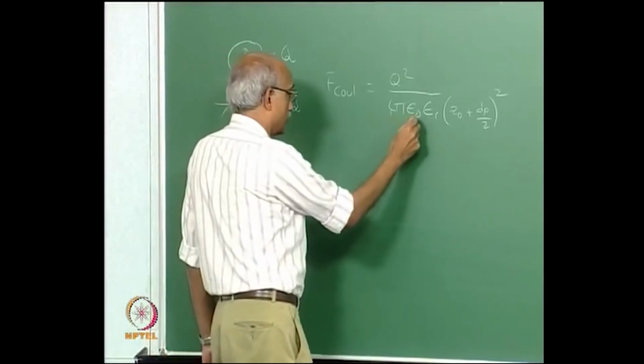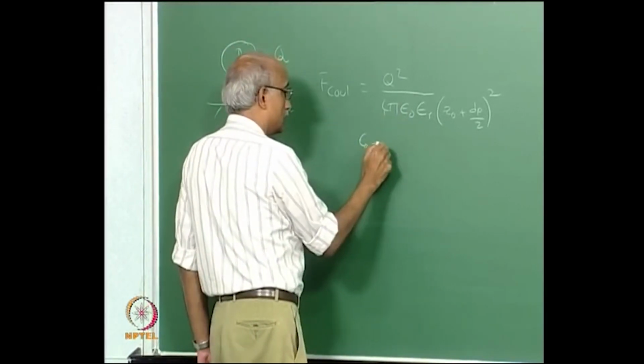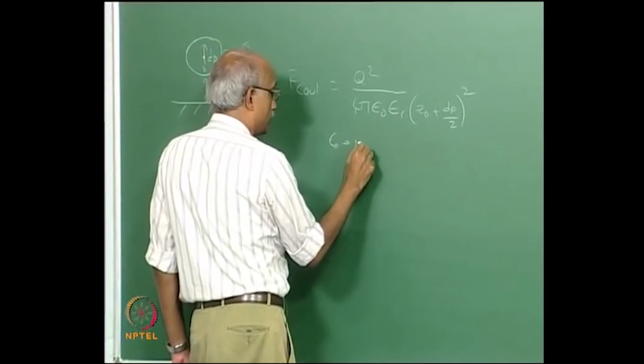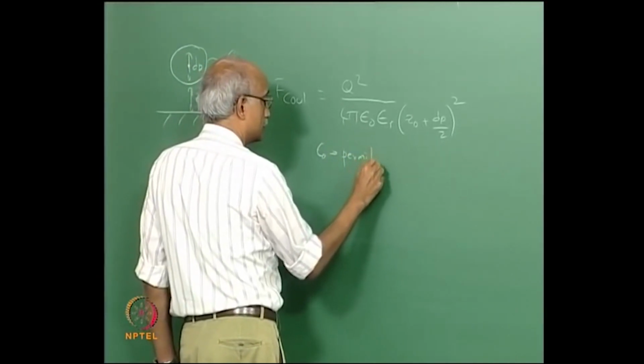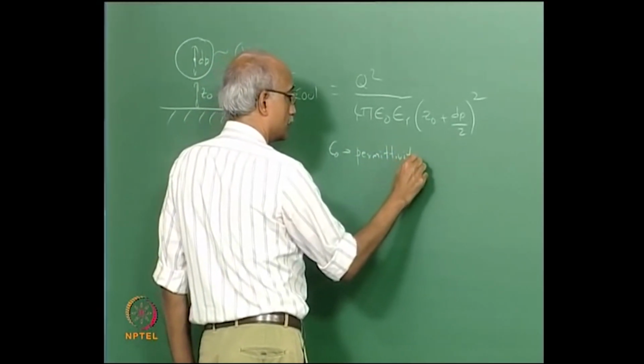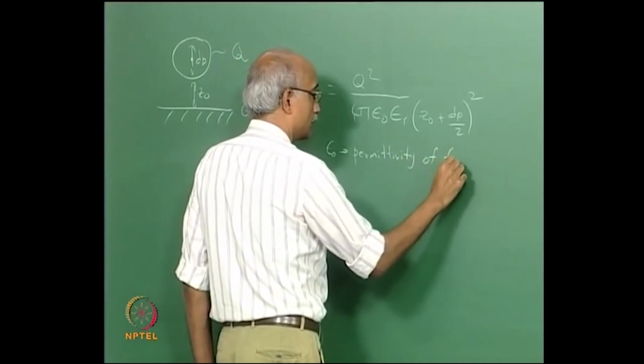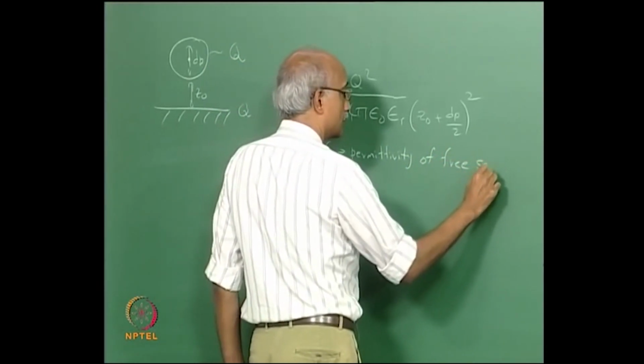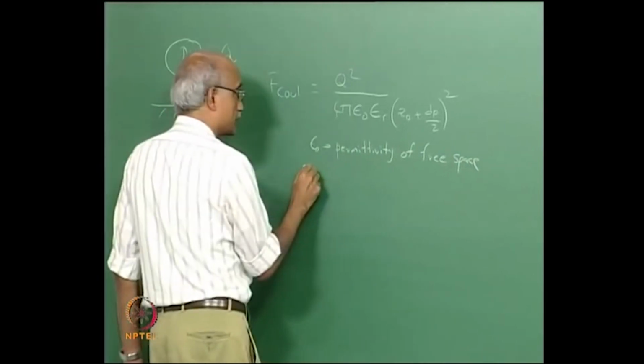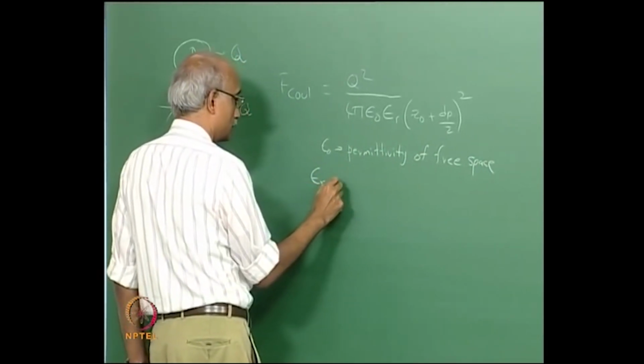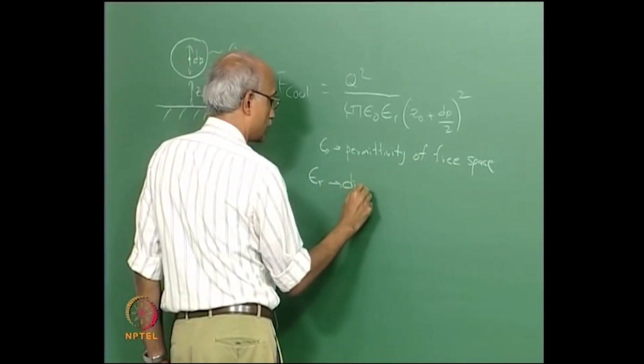Here epsilon 0 is the permittivity of free space, and epsilon r is the dielectric constant of the medium.